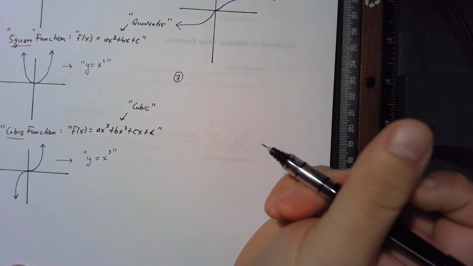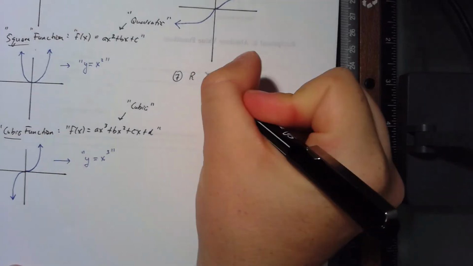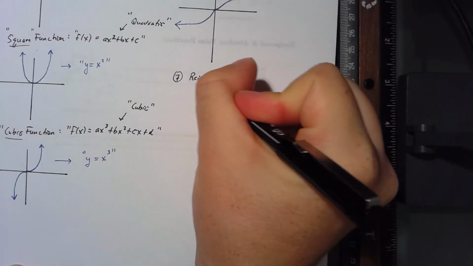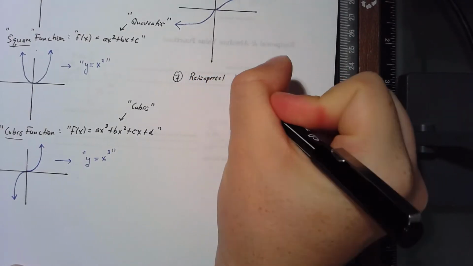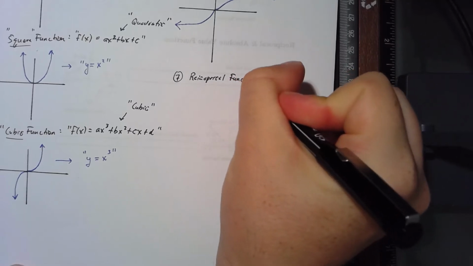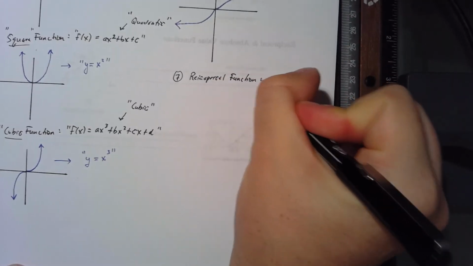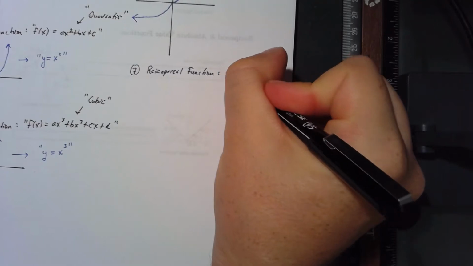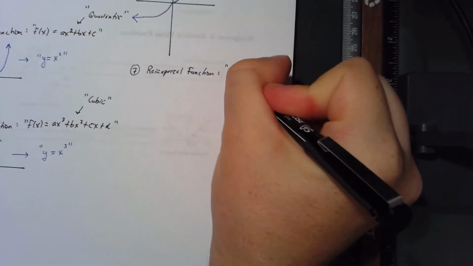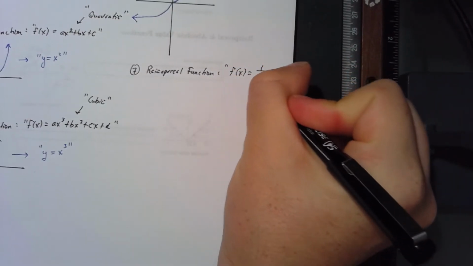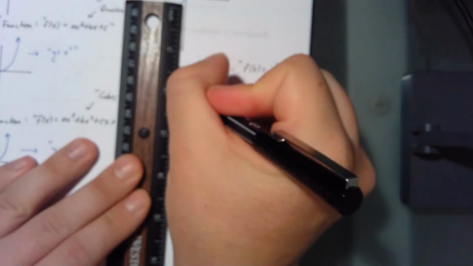One of them is called the reciprocal function, which looks like f of x equals 1 over x. Reciprocal function is also another name for it.